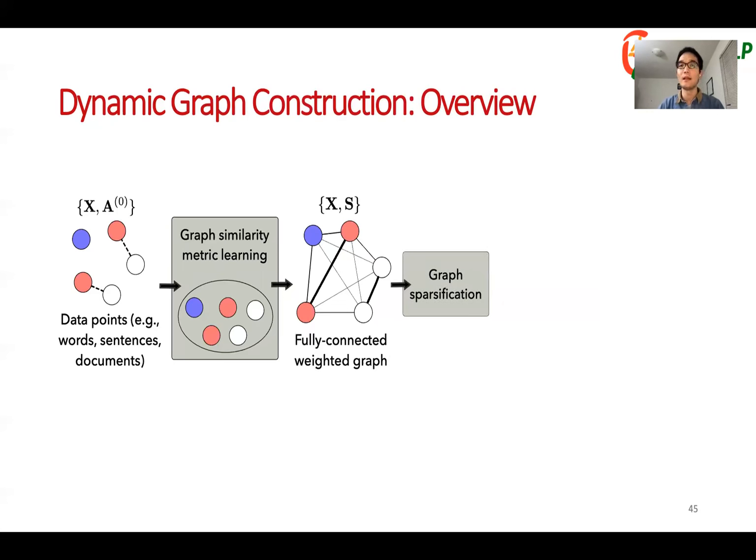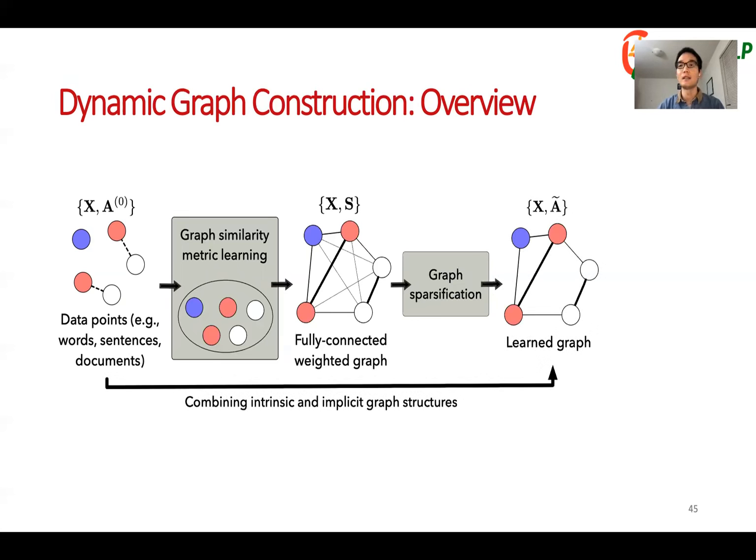If the input data is not just data points but an intrinsic graph containing edges, we can also optionally combine the intrinsic graph and the learned implicit graph to form an augmented graph. The output graph will be consumed by a subsequent GNN-based module to learn graph representations and predict outputs.